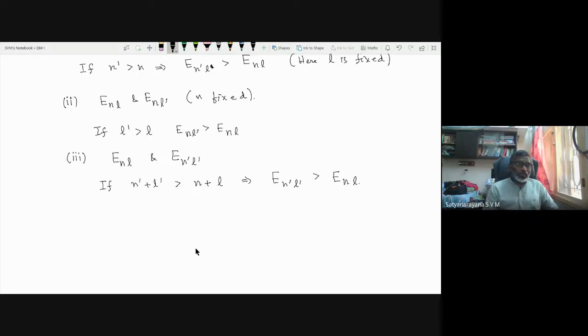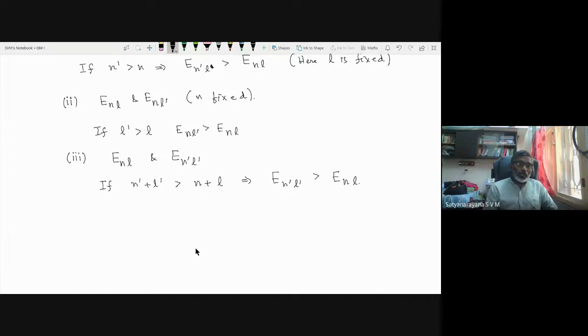The first excited state has one node, the second excited state has two nodes, and so on, right? So as you go to higher and higher energies, the number of nodes of the wave function will increase. Or in other words, the number of nodes of the wave function is proportional to energy.